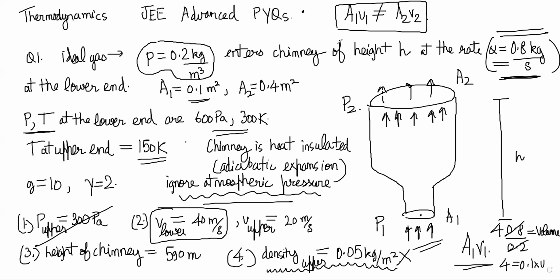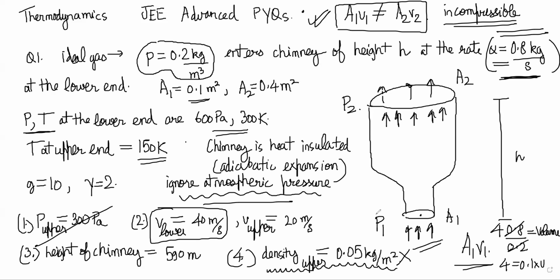When we did this equation, if you remember, it was for an incompressible fluid. Incompressible means what? Density remains constant. It cannot be compressed. But here is density remaining constant?